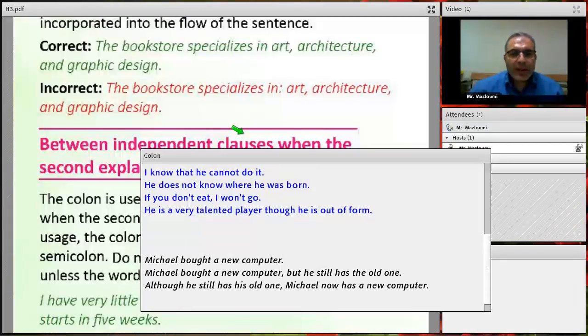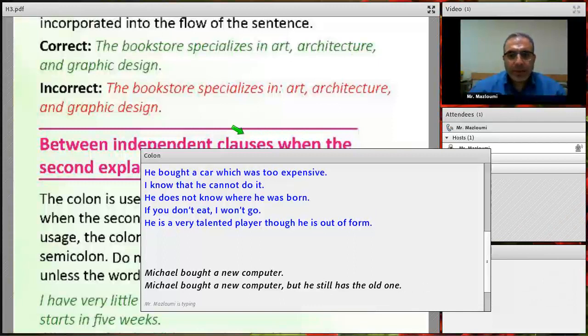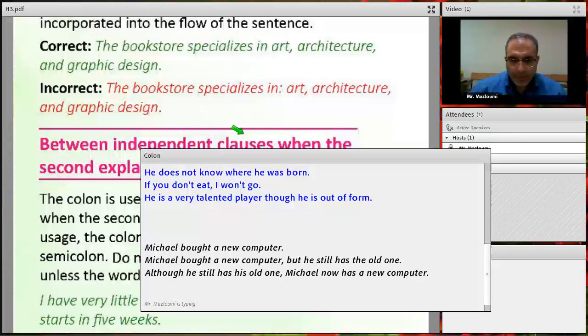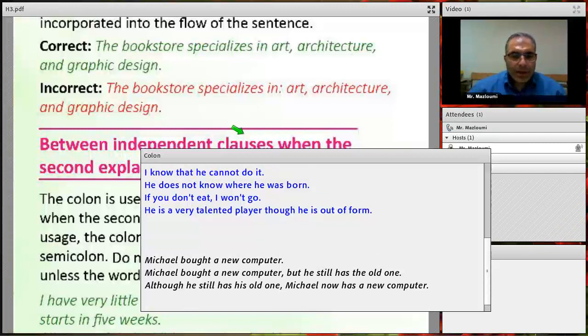Guys, a clause is a group of words consisting of a subject and a verb. For example, check this out, everyone.